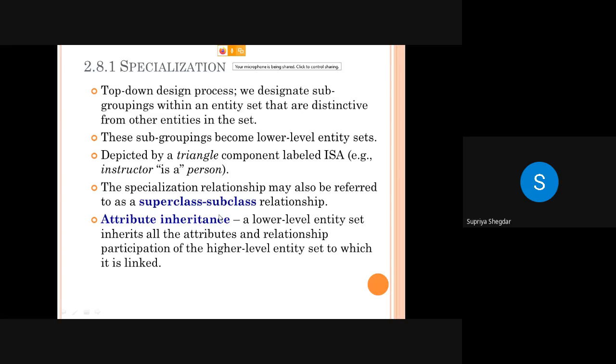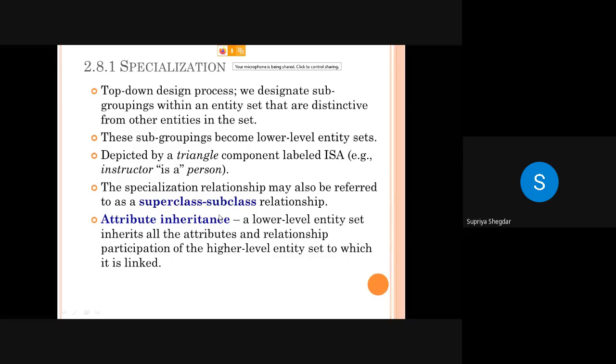For example, consider for the person entity set, two attributes are there: person ID and address of the person. Okay, these two are the attributes of the person. And for the instructor, the name of the instructor and the phone number of the instructor. Suppose these two attributes are there.